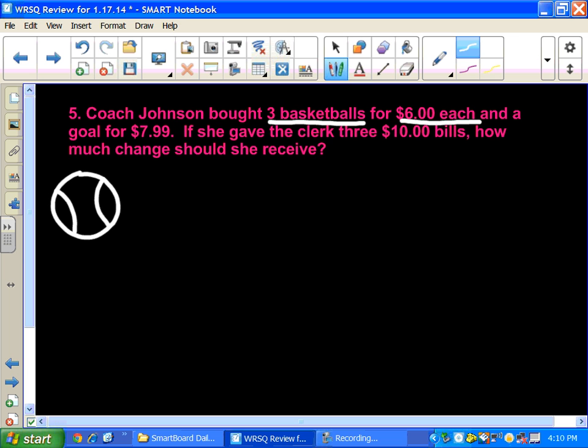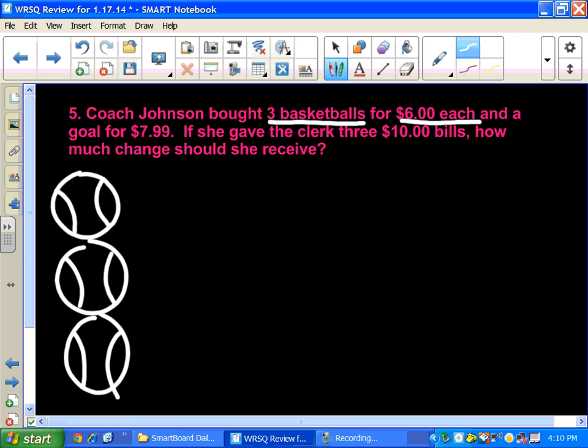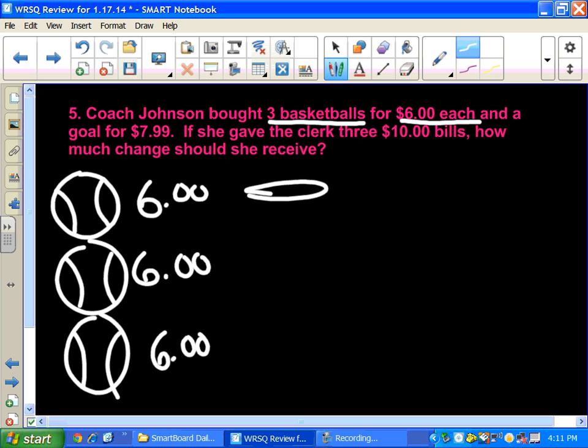So 1 basketball, 2 basketballs, 3 basketballs, and I know each one of those cost $6. She also bought a goal. Okay, and I'm going to draw the goal like this with a little net. It's not very fancy, but that's the goal, and that costs $7.99. So these are all the items that she bought.